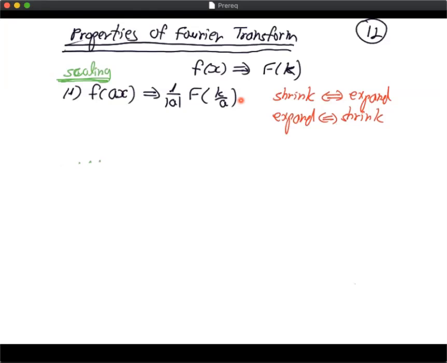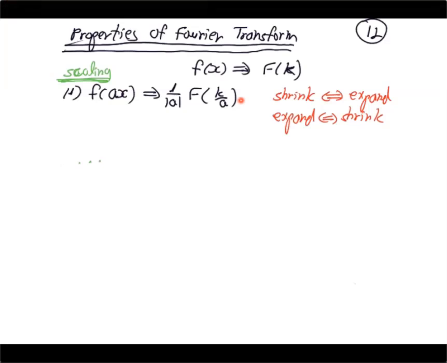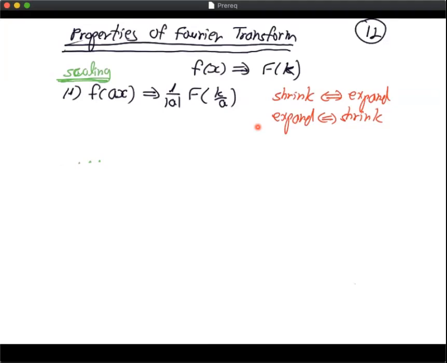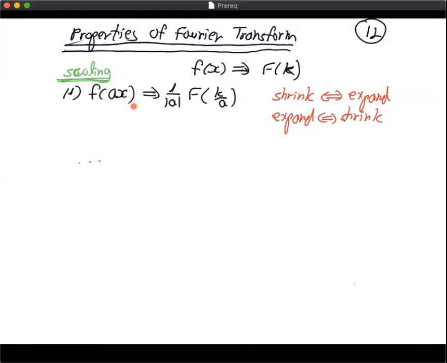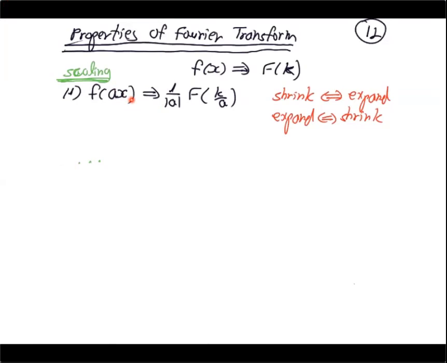And it kind of makes sense in some way, because if you think of f of x, let's say, being a sinusoid, that results in a certain frequency. If I expand it, basically it becomes lower frequency, right? If I stretch some sinusoid, then it becomes lower frequency.